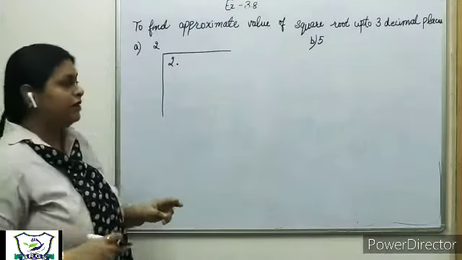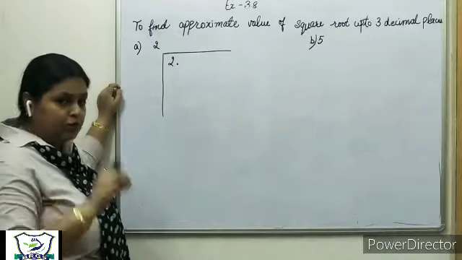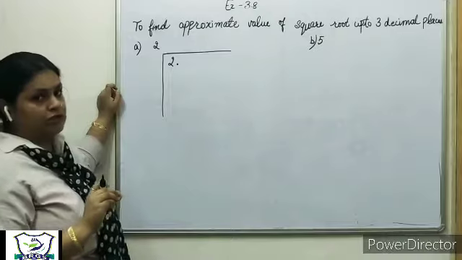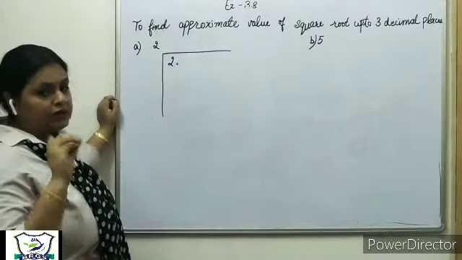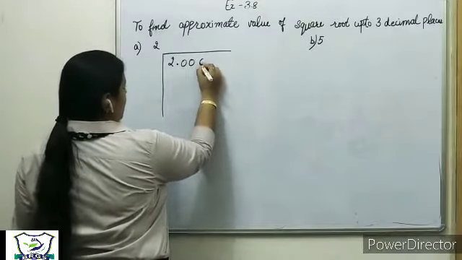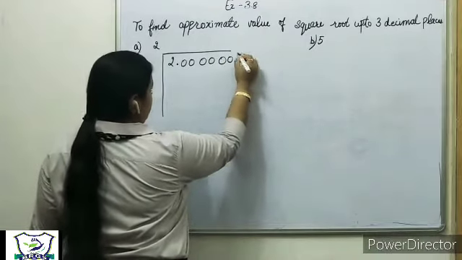So when we have to calculate up to 3 decimal places, we will put pairs of zeros. How many pairs? 4 pairs of zeros, because there is no decimal part. So we will put 4 pairs of zeros in the decimal part. One pair, second pair, third pair and fourth pair.